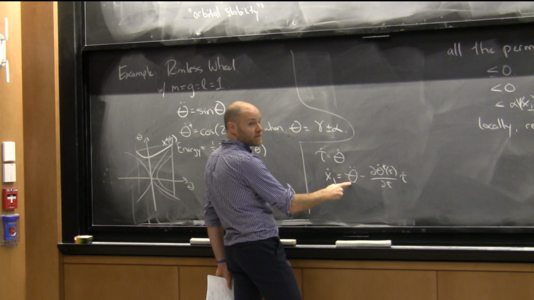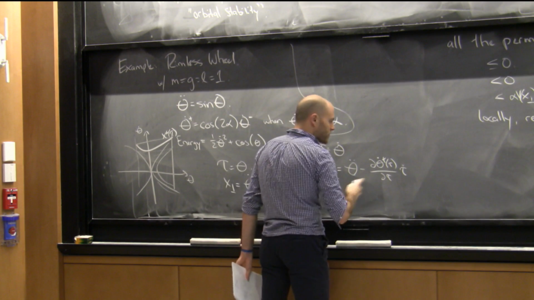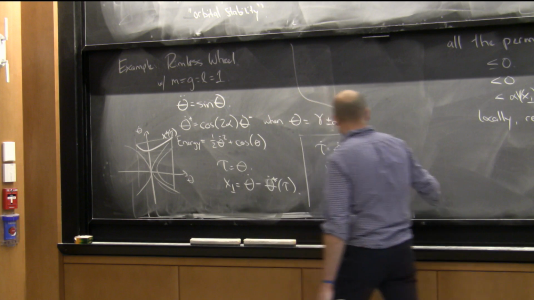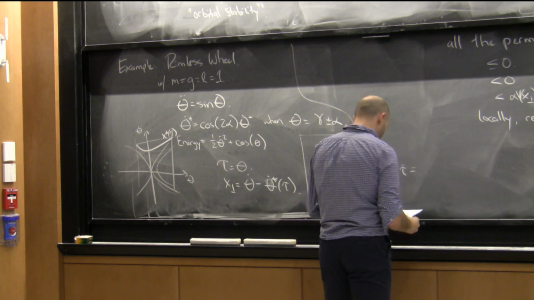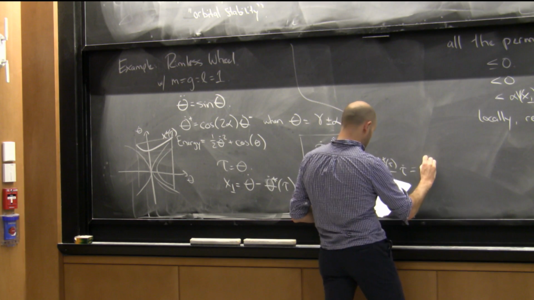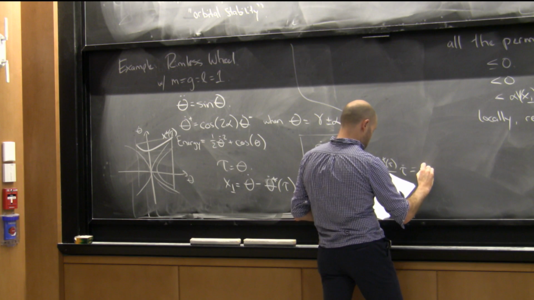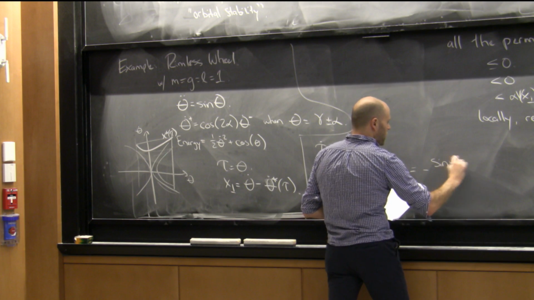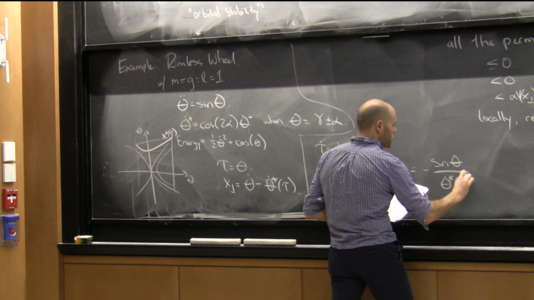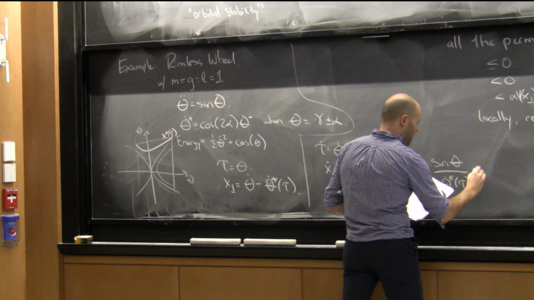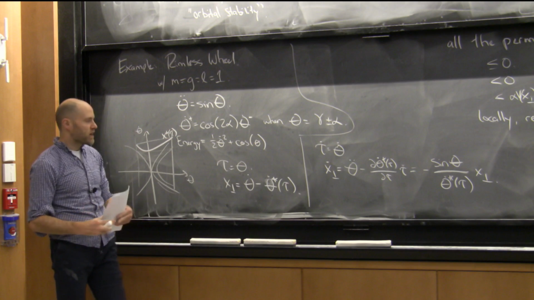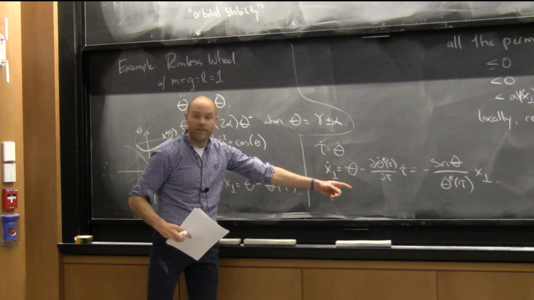I can insert the dynamics here. I can do a little algebra, and I have to use the energy to relate these things. After a little bit of manipulation, which is all in the notes, what do I get? I get negative sine theta over theta dot star tau times x perpendicular. It's just algebraic manipulation of that derivative.